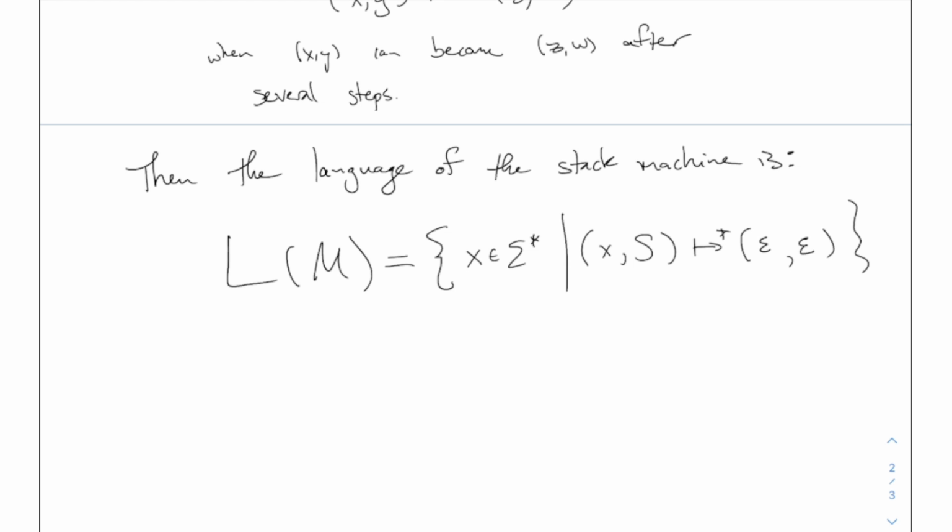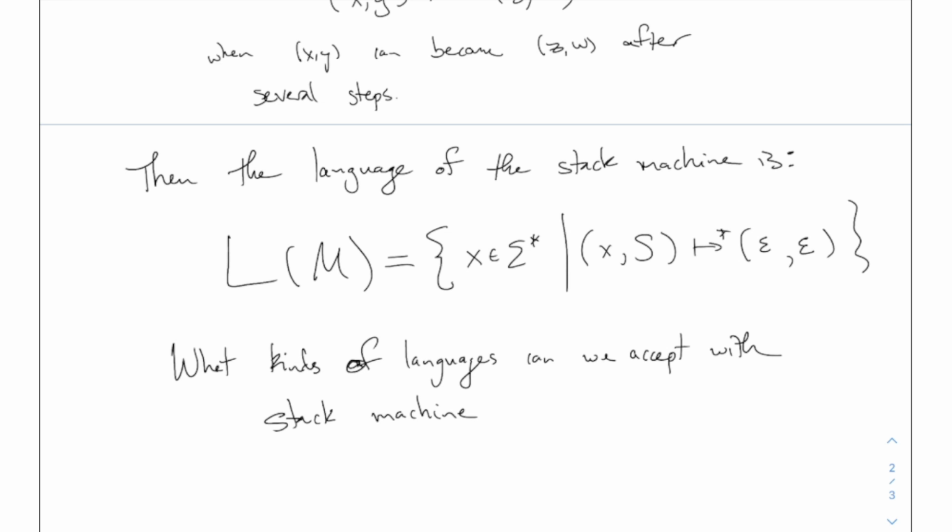I want to talk about a few things. So I would consider this the end of our introduction to stack machines. What I want to talk about for the rest of today and probably tomorrow also, and maybe a little more after that, is what kinds of languages can we accept with stack machines?